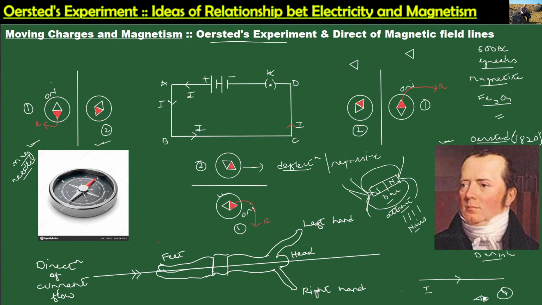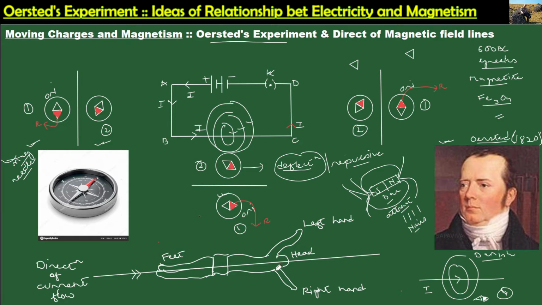So this repulsive force, which is generated by the current carrying conductor, indicates that the current carrying wire produces a source of magnetic field lines, which means that there will be magnetic field lines associated with the wire, and these magnetic field lines associated with the wire will produce a certain deflection on this magnetic needle.